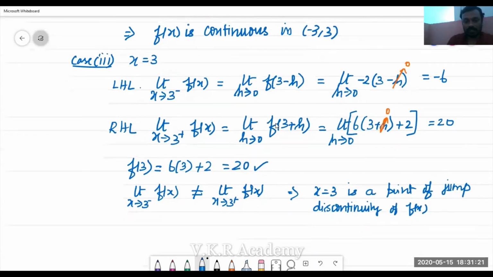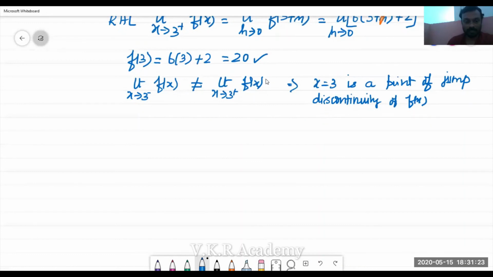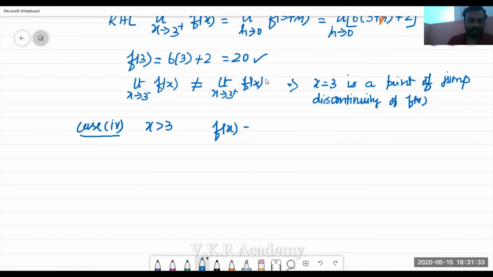Now let's discuss the fourth case. Case 4. x is greater than 3. In this case, f of x is equal to 6x plus 2. So now consider c in the interval 3, infinity.